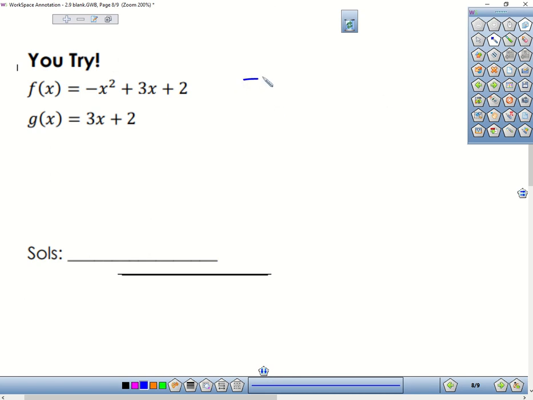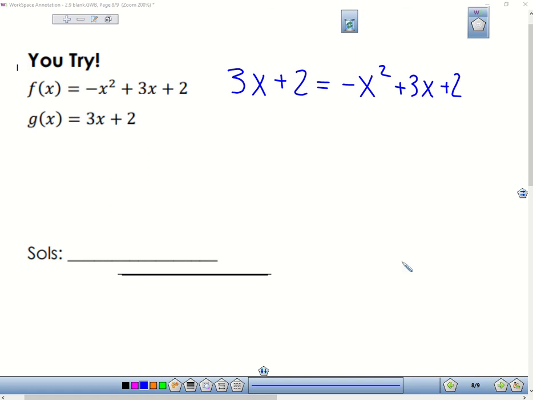So I'm going to set both of these equal to each other. Let's do it the other way around this time. Let's do 3x plus 2 is equal to negative x squared plus 3x plus 2. So I set them equal to each other. And I'm going to add everything over to the left side.